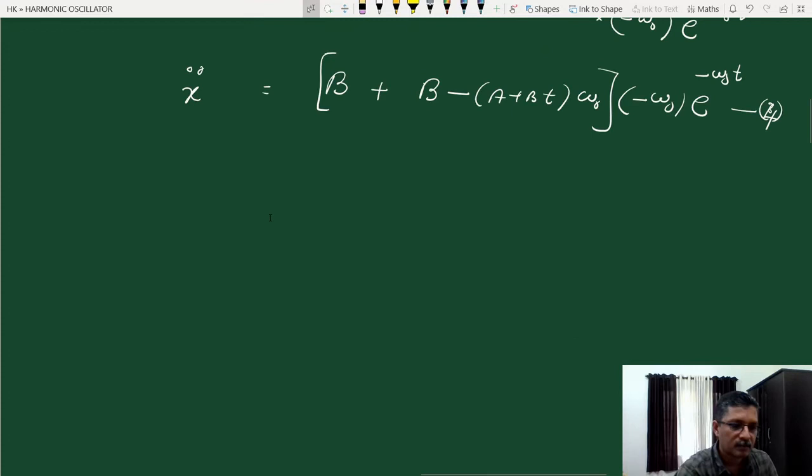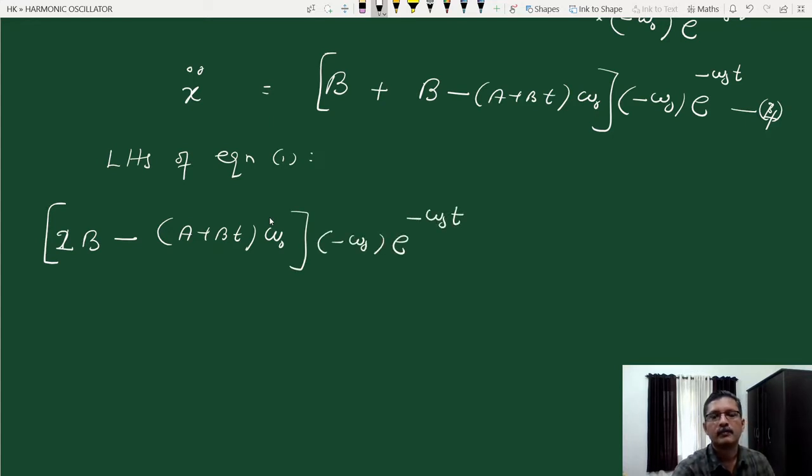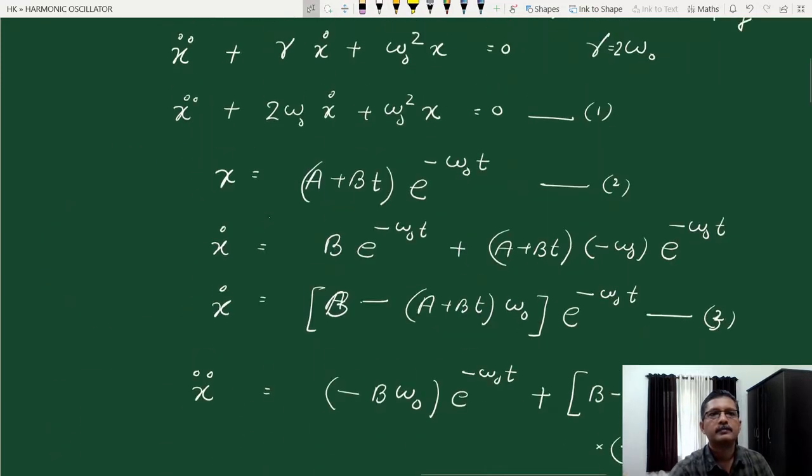So I am calculating the left hand side of equation 1. The first term is x double dot, so let's substitute that. This b plus b becomes 2b, so 2b minus a plus bt times omega 0, and this term minus omega 0 e raised to minus omega 0 t. This is x double dot.